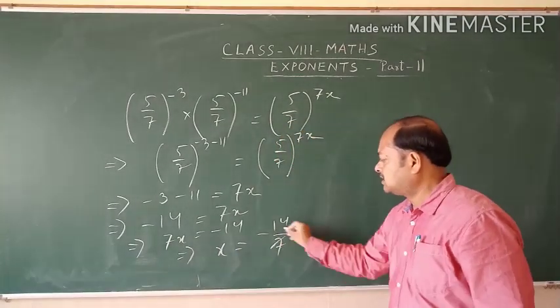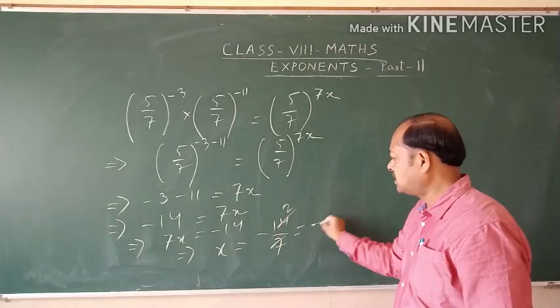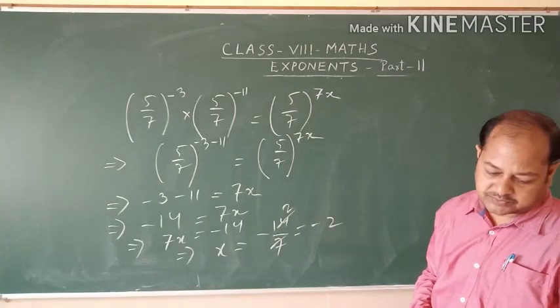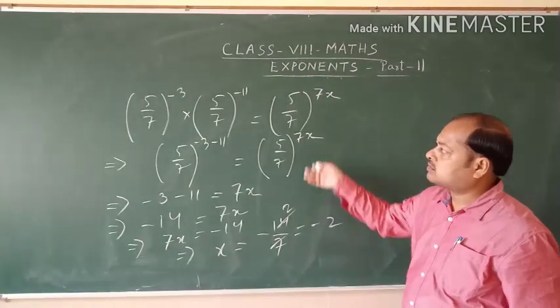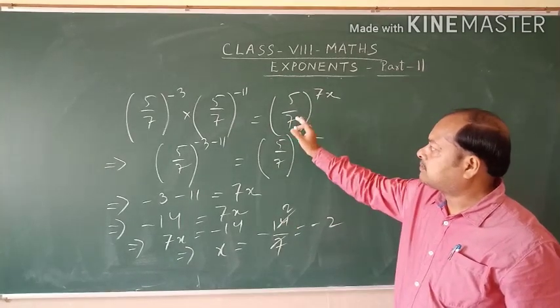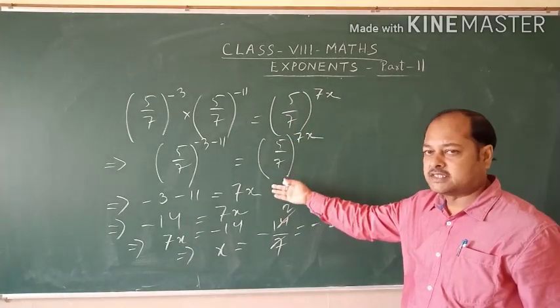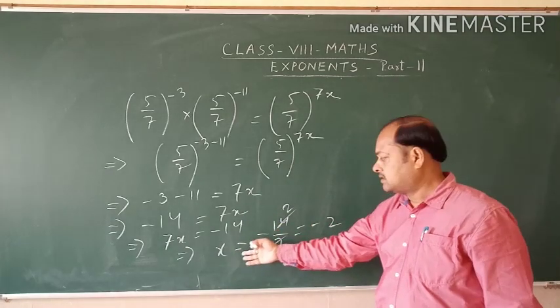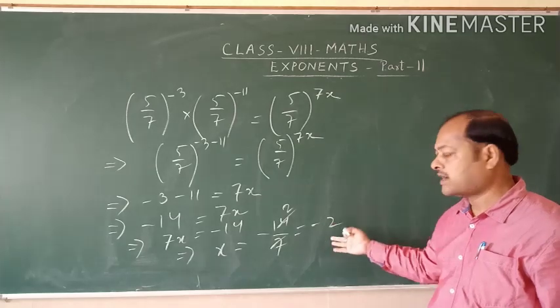Simplify it, 7 twos are 14, so x equal to minus 2. Okay, x is minus 2. So this is the solution. Whenever these types of questions come, we can solve like this: make the powers equal, make the exponents equal, and find the unknown value. Here the unknown value is x, and the answer is x equal to minus 2. Okay.